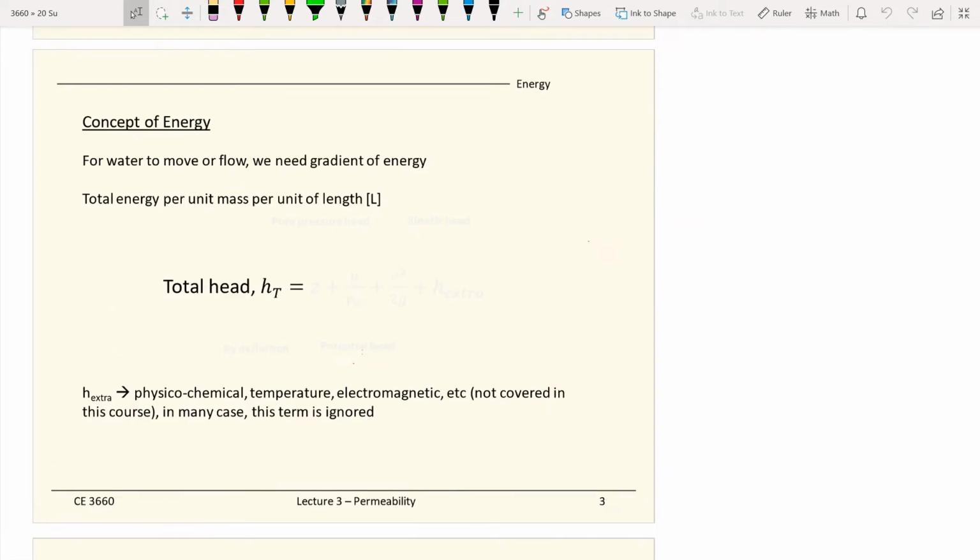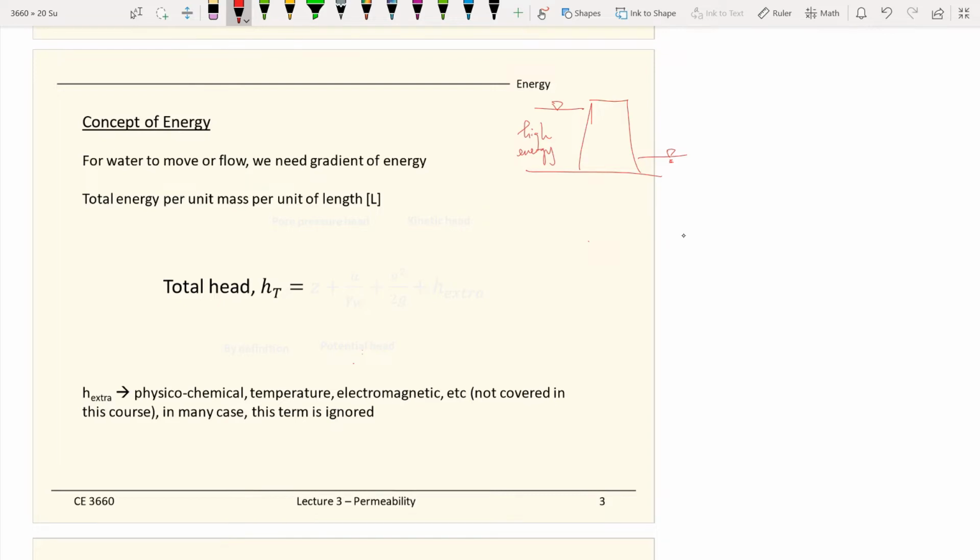Okay, the concept of energy. The concept of energy can help us explain the groundwater flow. For example, when we have a geotech structure, maybe a levee or a dam, with upstream and downstream, the upstream represents the higher energy, where you have a higher potential because of the higher groundwater table.